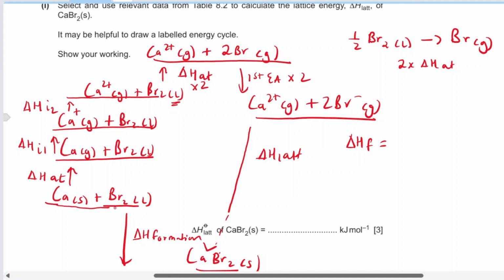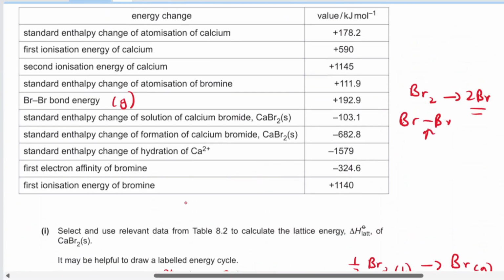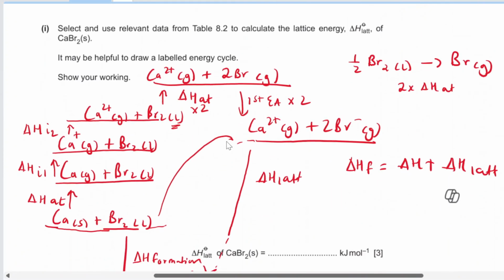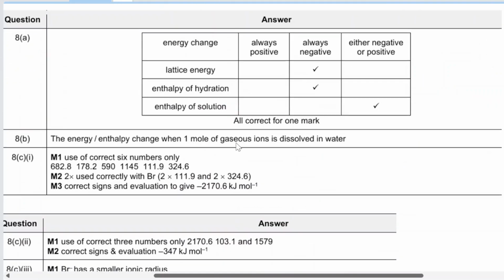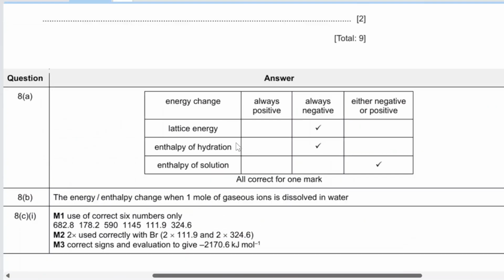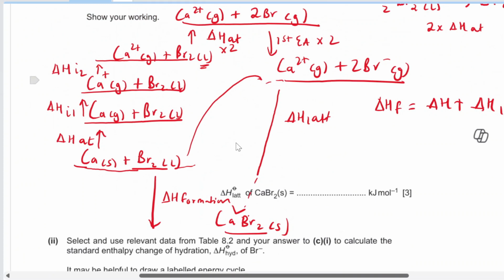So I'm calling all this from here until here. Let's just call it delta H from here to here. So this will be delta H plus enthalpy change of lattice. And yeah, you have all the values given here. So I'll be doing the calculations, but at the end you should get the answer of negative 2170.6. So this is what you will get.